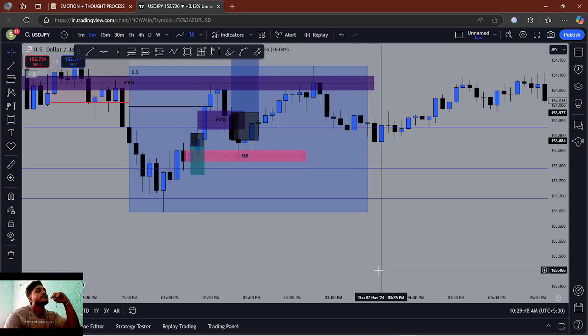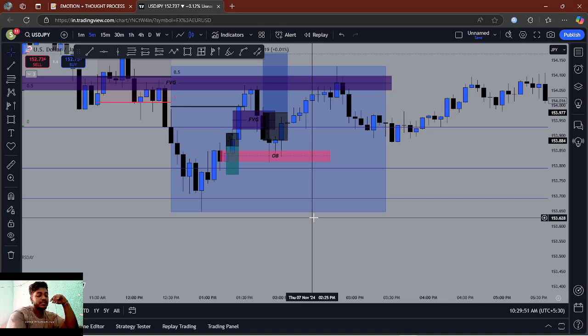Okay, so this is a problem that has been going on with me for quite a long time now. My bias is set depending on the reaction at a specific point of interest.